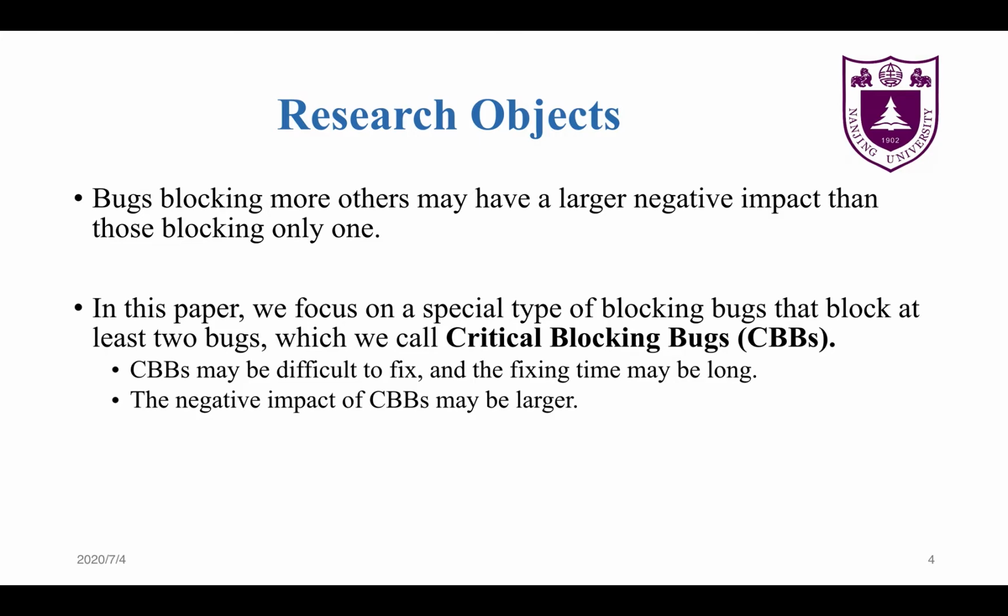In this paper, we name the bugs blocking at least 2 other bugs critical blocking bugs, CBBs, and conduct a preliminary investigation on CBBs. Through our manual analysis, we have some observations. One is that CBBs may be difficult to fix, and the fixing time may be long. The other is that the negative impact of CBBs may be large.